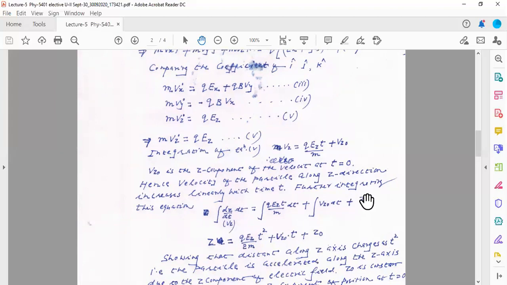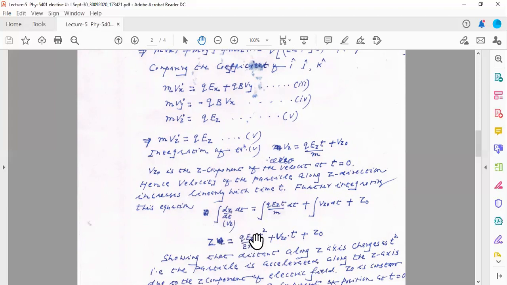Please remember this. The left hand side will simply give you the z displacement of the particle along the z direction, and the right hand side gives qEz divided by 2m times t square, because the integration of t is t square by 2. So this factor qEz divided by 2m is constant here.